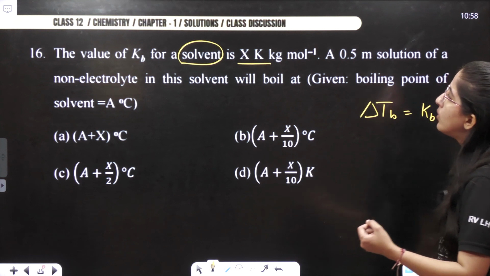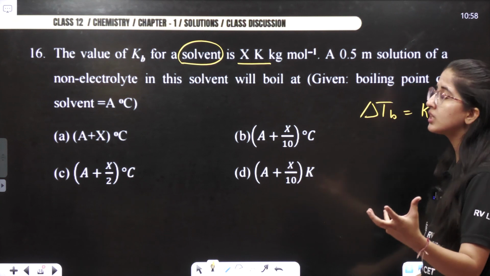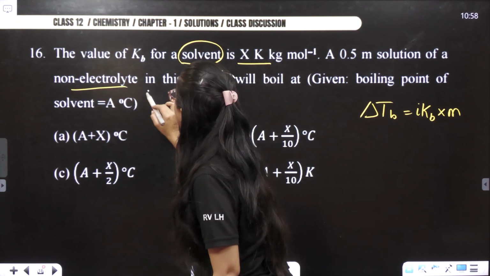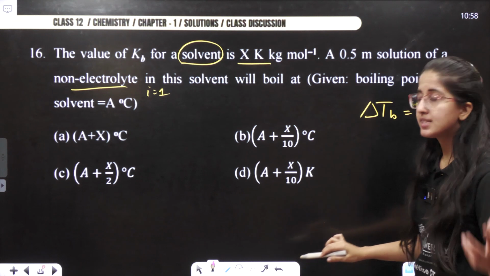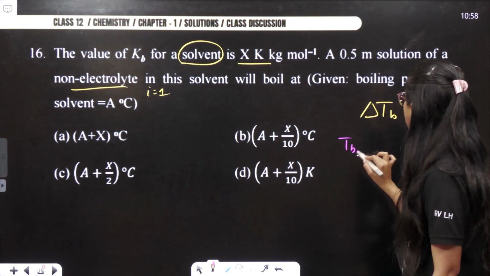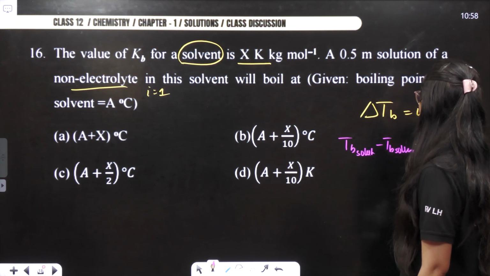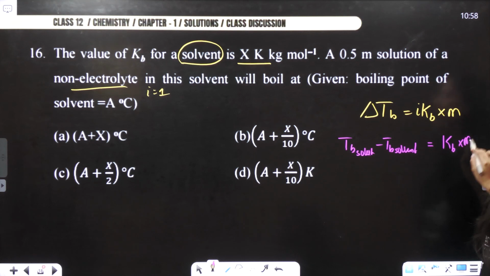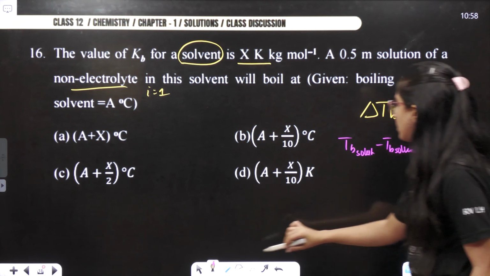They are talking about a non-electrolyte, so the i value for a non-electrolyte will be equal to 1. So delta Tb, the elevation in boiling point, is Tb of solution minus Tb of solvent, which will be equal to Kb into molality. Now the Kb value is given as x.